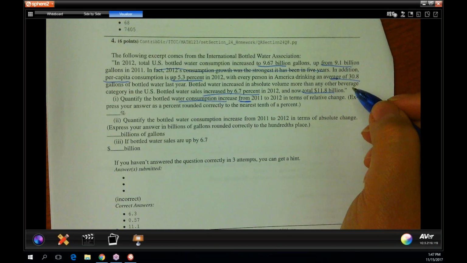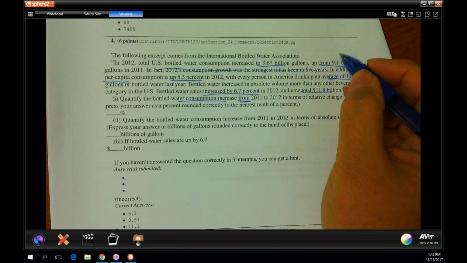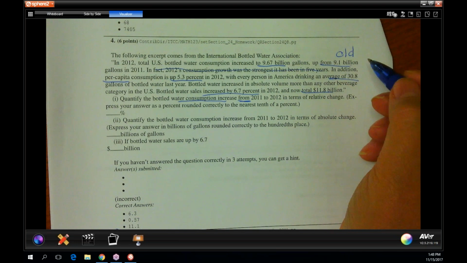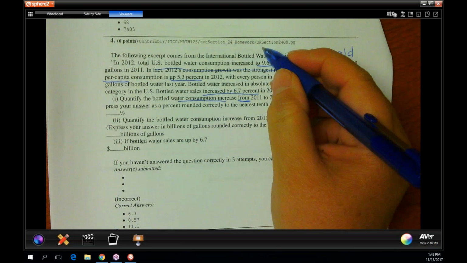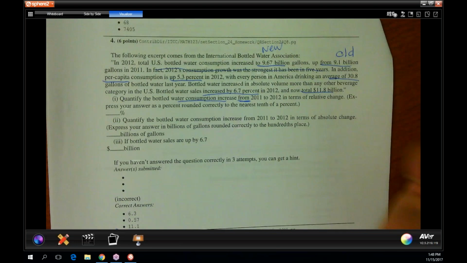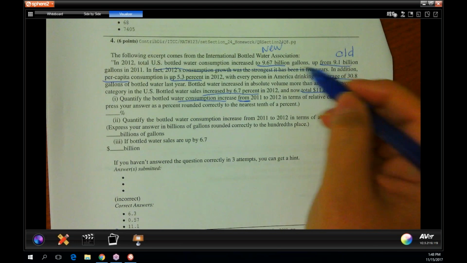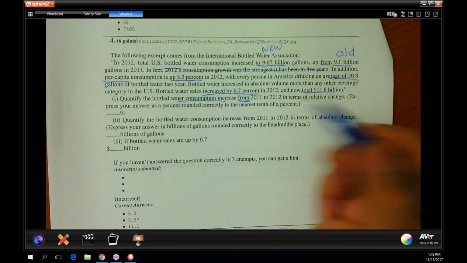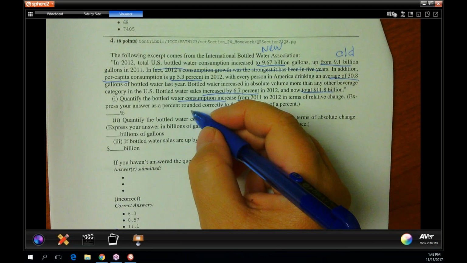So 2011 is my old, and 2012 is my new. They wanted water consumption, which was the first sentence here. Okay, absolute or relative change.